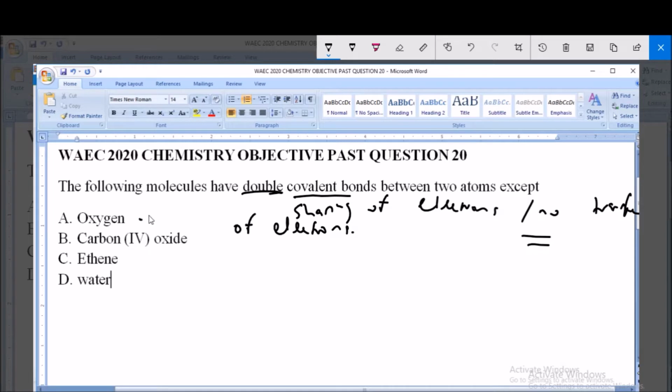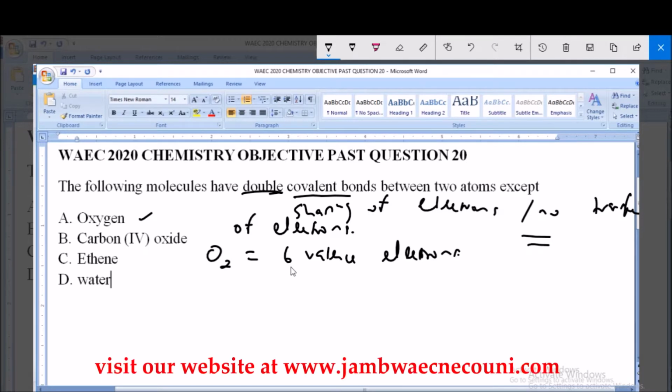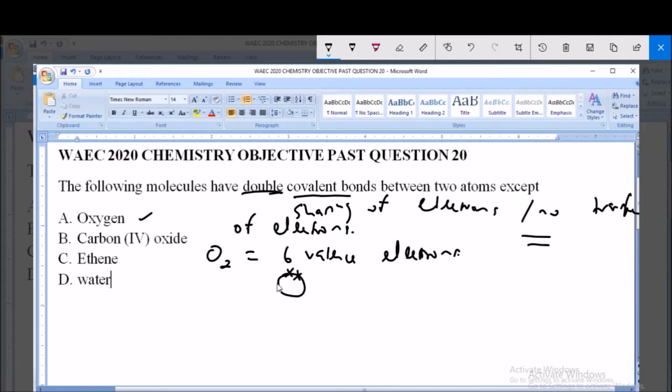Now, oxygen, an oxygen molecule, of course, is O2, that is made up of two atoms of oxygen. Now, each atom of oxygen has 6 valence electrons, like this with 1, 2, 3, 4, 5, 6.